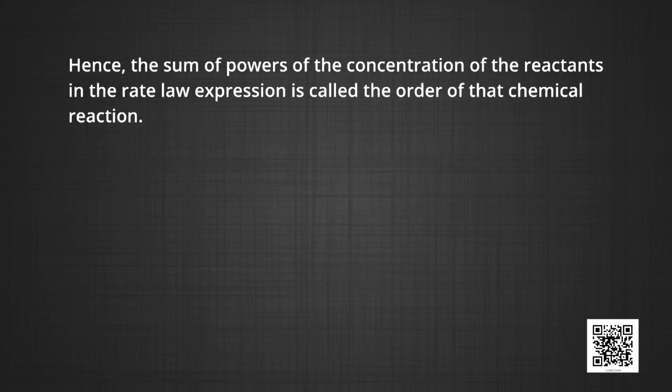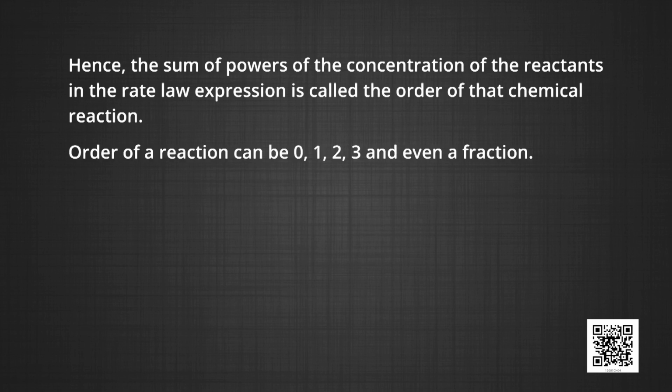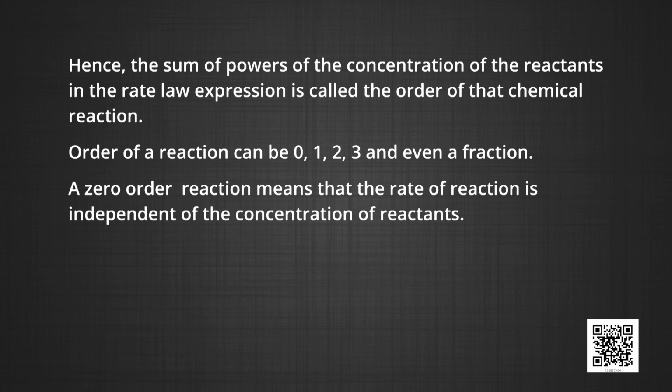Hence, the sum of the powers of the concentration of the reactants in the rate law expression is called the order of the chemical reaction. The order of a reaction can be 0, 1, 2, 3 and even a fraction. A zero order reaction means that the rate of a reaction is independent of the concentration of the reactants.